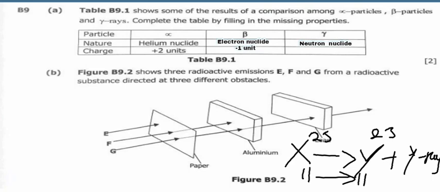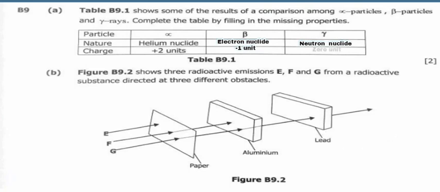Let's come to B. B is saying figure B9.2 shows 3 radioactive emissions, E, F, and G. A radioactive substance directed at 3 different obstacles. So we have a sheet of paper, a sheet of aluminium, and a sheet of lead. So a radioactive emission which can be stopped by a sheet of paper or a sheet of plastic is called the alpha particle.